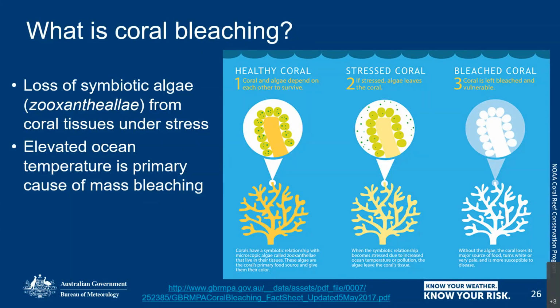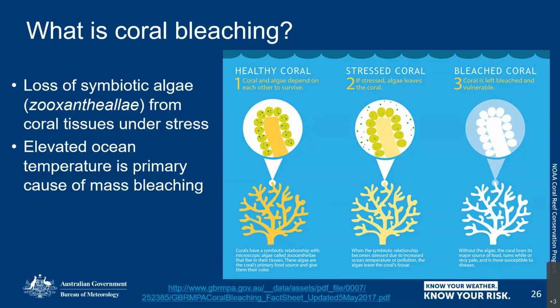And when the coral is stressed, it ejects this particular algae from it. And this algae also gives it its color. So without this color, the coral takes on a white or bleached appearance. So it's under stress, and bleached coral is a sign that this coral is unhealthy.